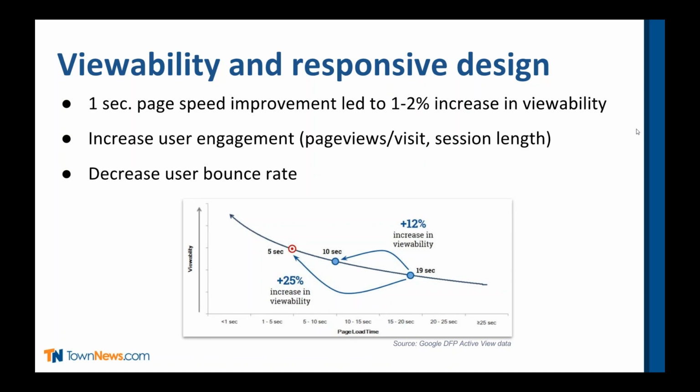Always remember that an ad that has high viewability on a desktop device may have terrible viewability on a mobile device, and vice versa. So making sure that you're checking metrics for both device types is critical going forward.